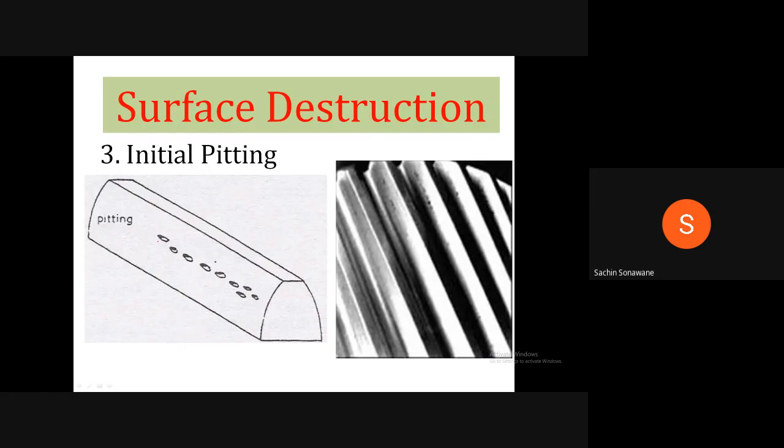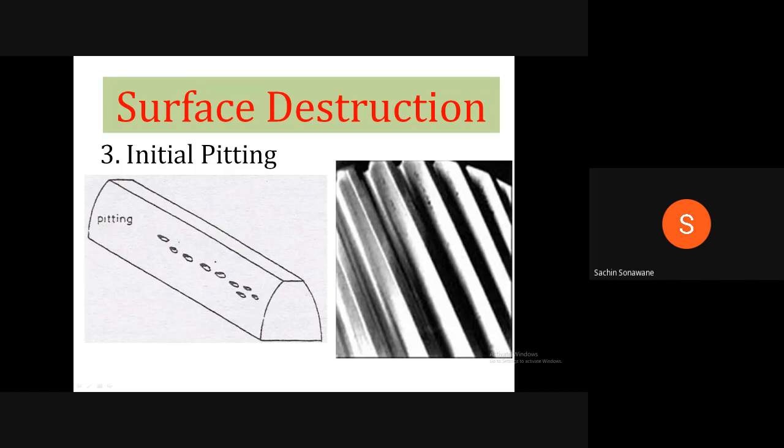Next is surface destruction. What is meant by surface destruction? We have seen this gear tooth. This upper part is known as face, lower part is known as flank. Now this is known as pitting. Pit, pitting means what? In Marathi it is called khadda.